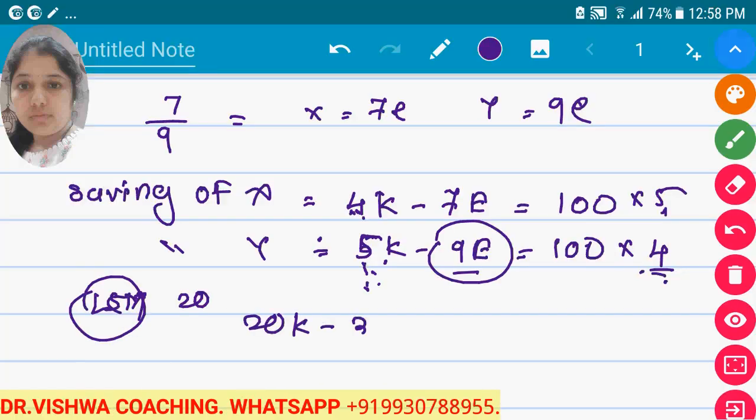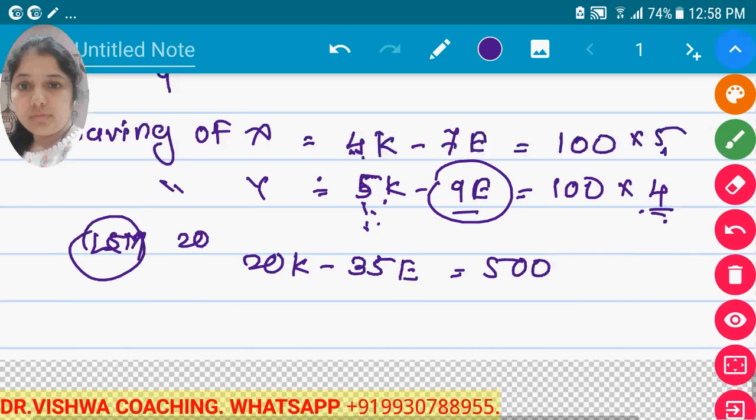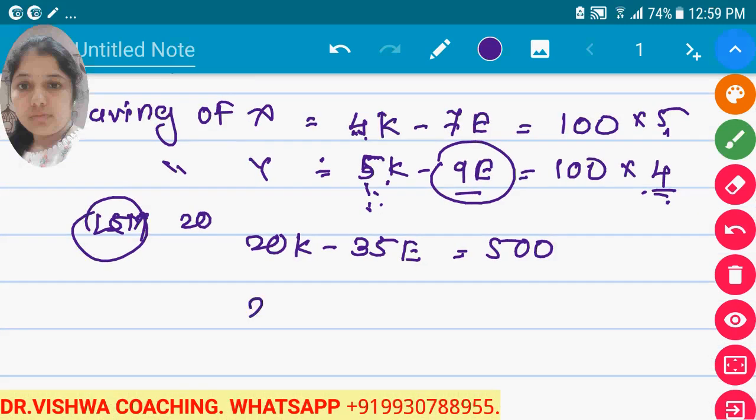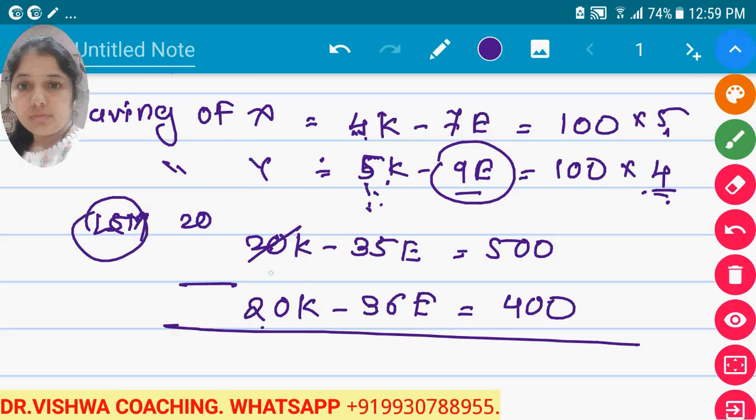So 20k minus 35e is equal to 500, and another equation is 20k minus 36e is equal to 400. Now subtract this equation number 4 from 3. So this will get cancelled. This minus of minus become plus.